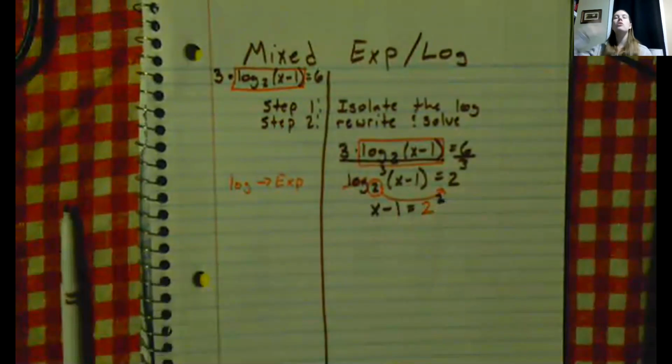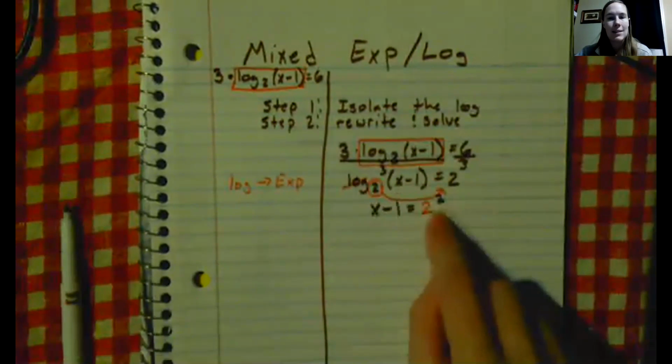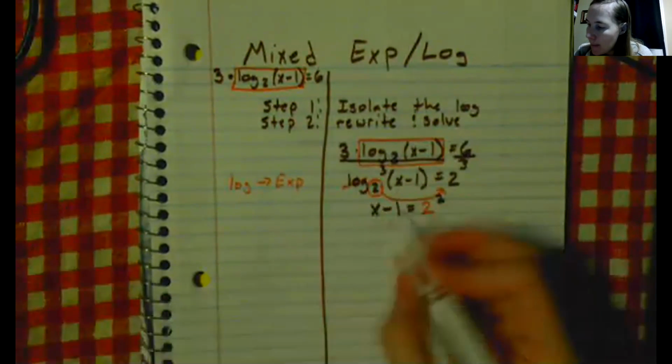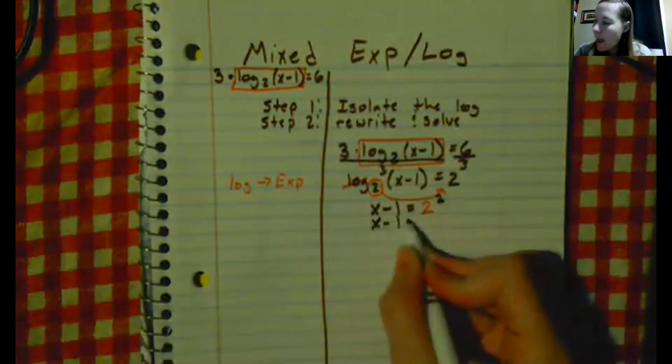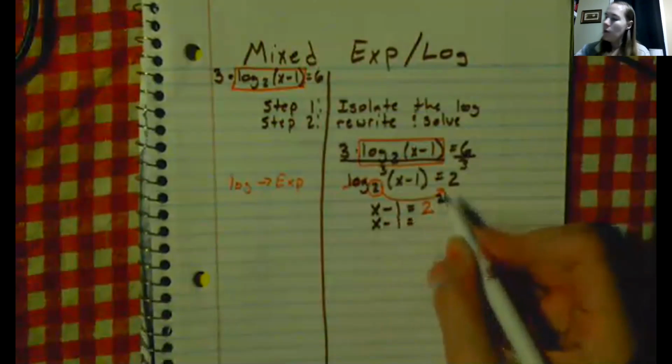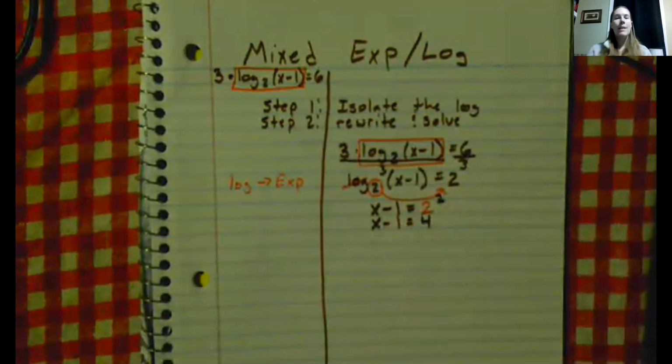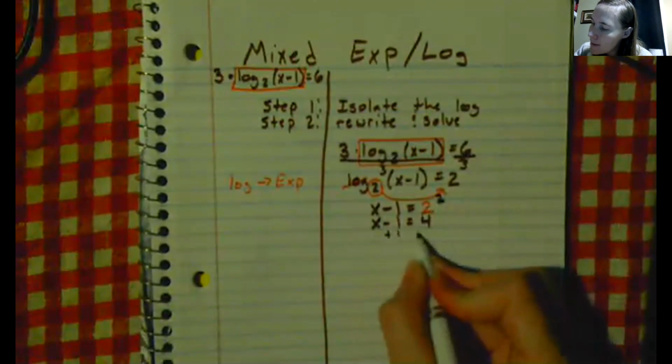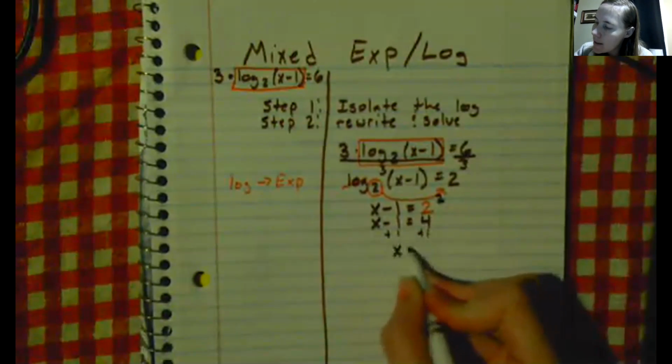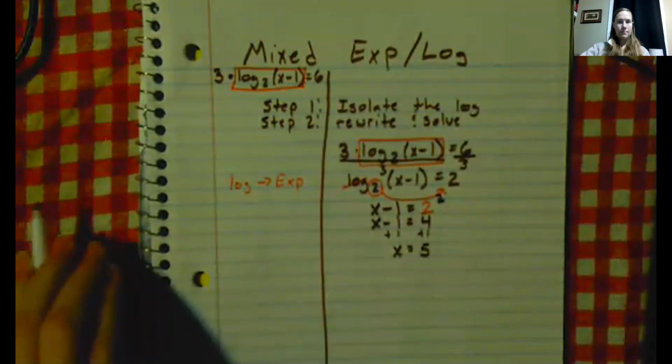From here, you want to go back to algebra and solve. First, I'm going to simplify this. I keep my x minus 1, and 2 squared gives me 4. Now I solve for x. I add 1 to both sides, and x equals 5.